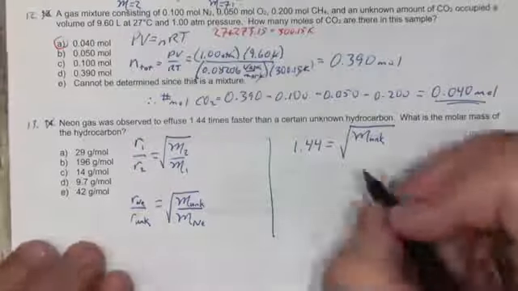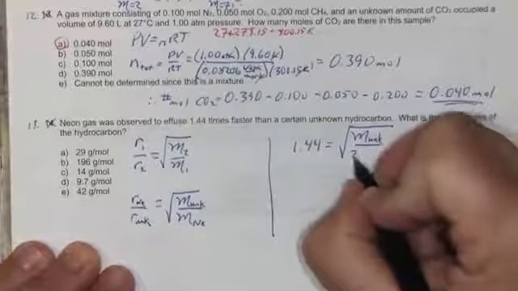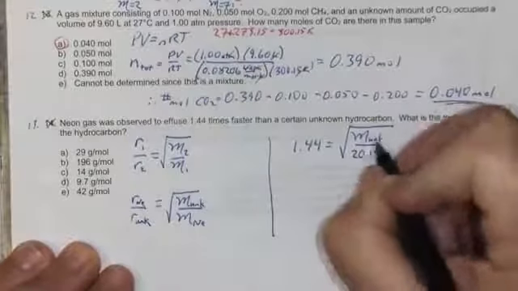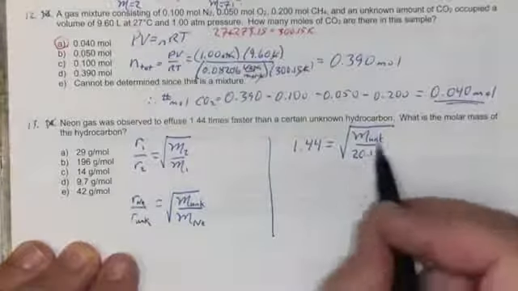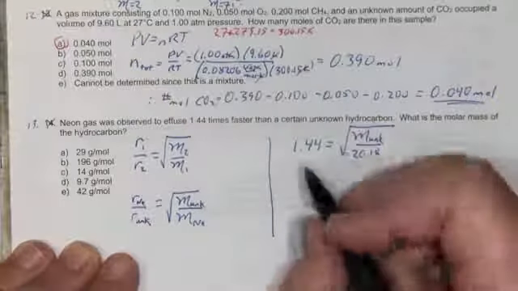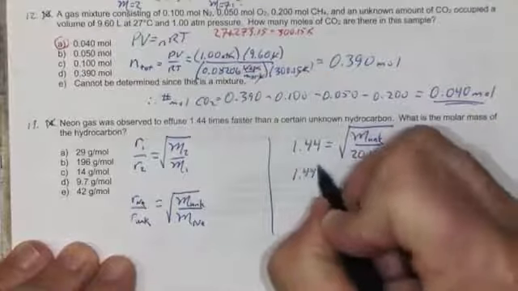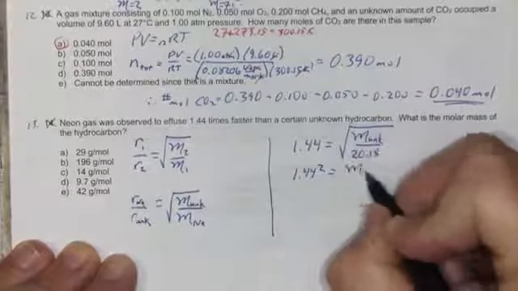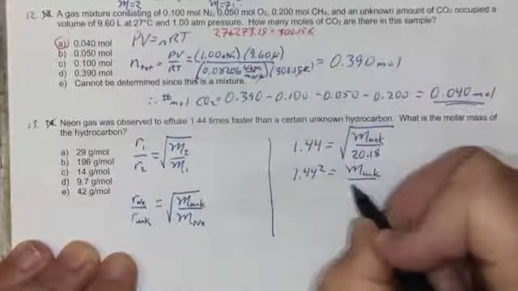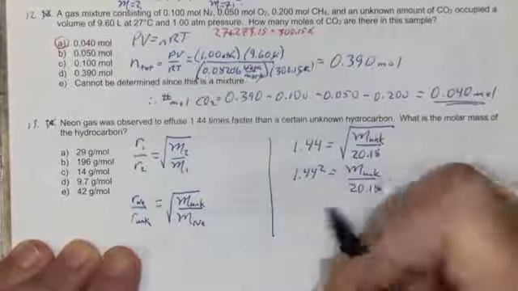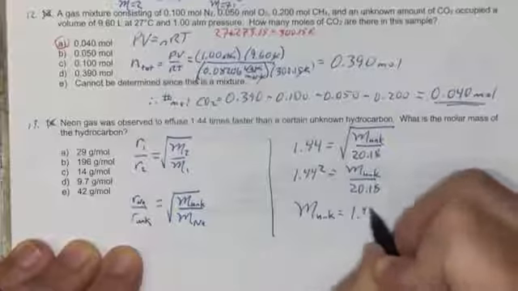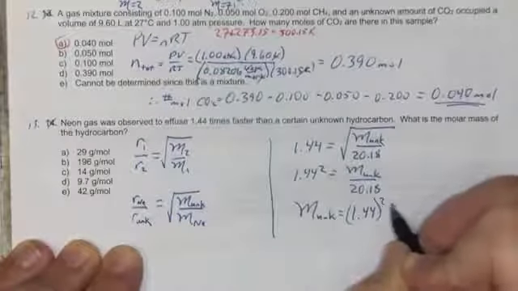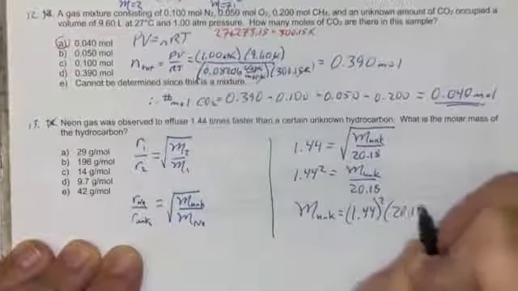The molar mass of neon is 20.18 grams per mole, and the molar mass of the unknown will end up being in grams per mole also. So I've just got to solve for the molar mass of the unknown. Let's square both sides. 1.44 squared equals the molar mass of the unknown over 20.18. Or the molar mass of the unknown equals 1.44, that quantity squared, times 20.18.